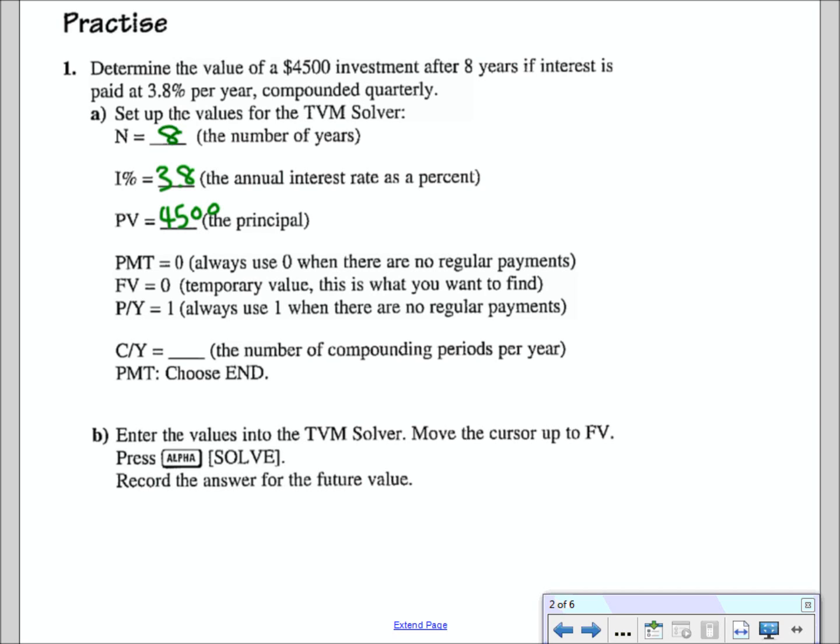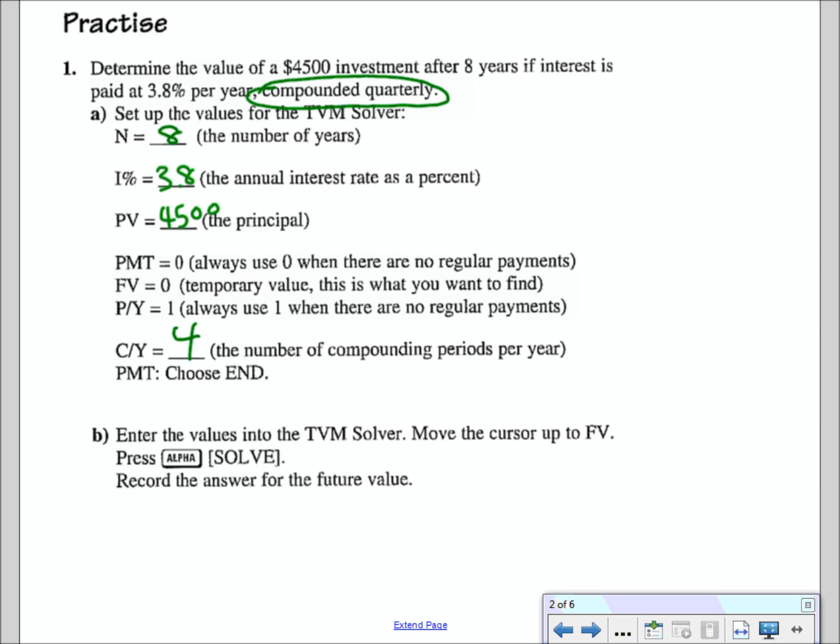PMT in this case is going to be 0. Always use 0 when there are no regular payments. FV equals 0, a temporary value, because we're trying to find what the future value will be. Payments per year is 1, always use 1 when there are no regular payments. Compounding per year is the number of compounding periods per year, so in this case, compounding quarterly, it'll be 4.